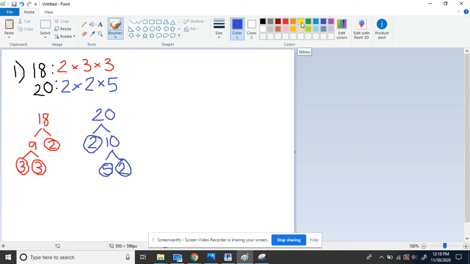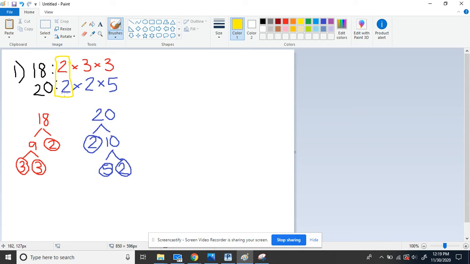Now it wants you to find the greatest common factor by selecting the prime factors that are shared by both numbers. So for this one, I'm just going to put a box around them. 2 and 2, but all I have left here are 3s. I don't have any 3s down here.